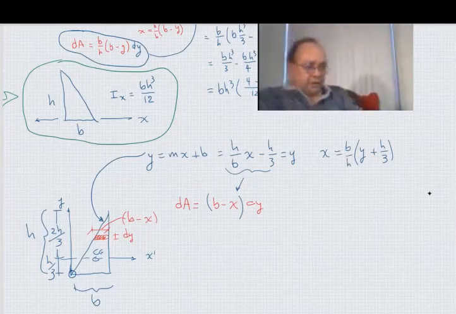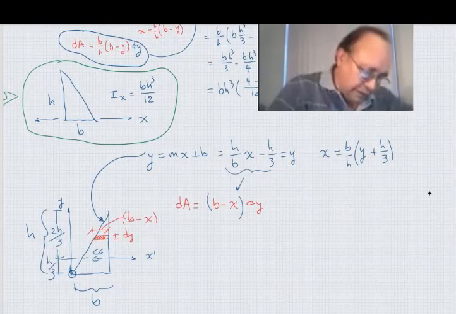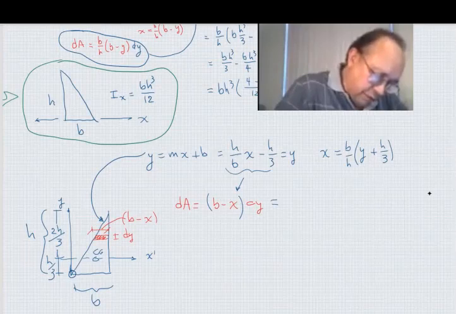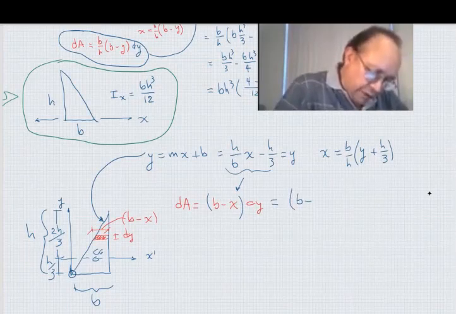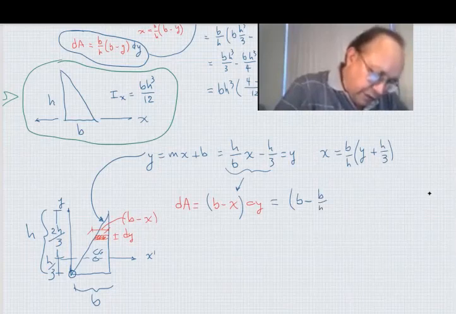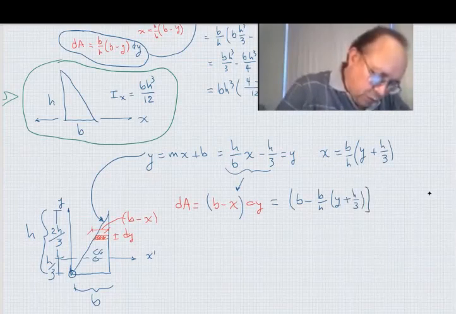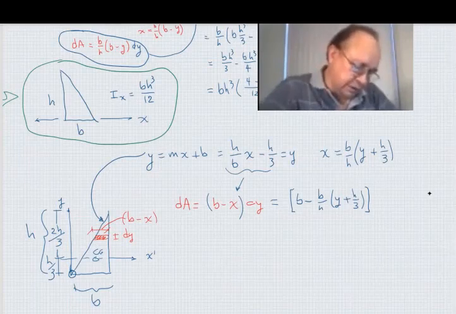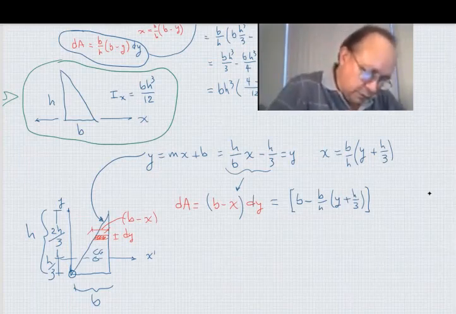That will be our equation of the straight line that generates our triangle. So then our dA will be equal to b minus x, where x is b over h times (y plus h over 3), right? (b minus x) dy.